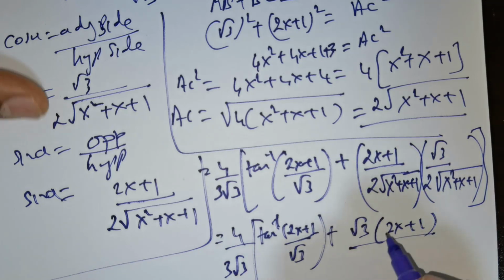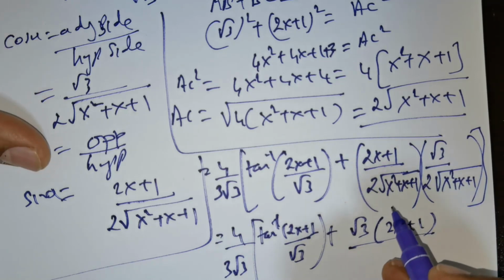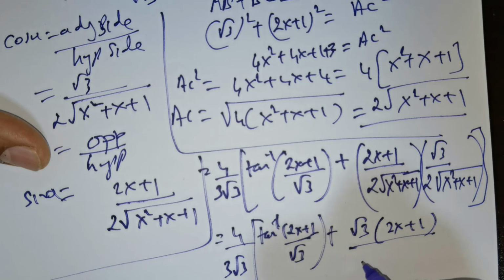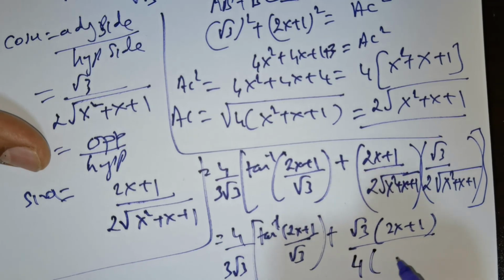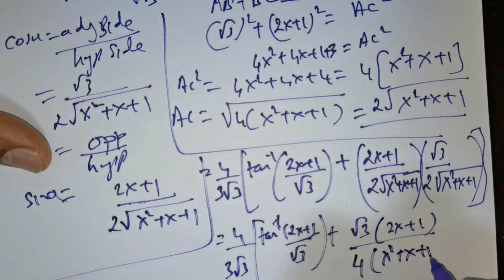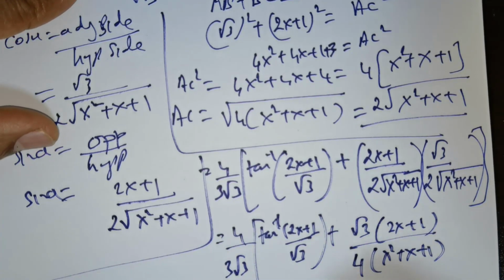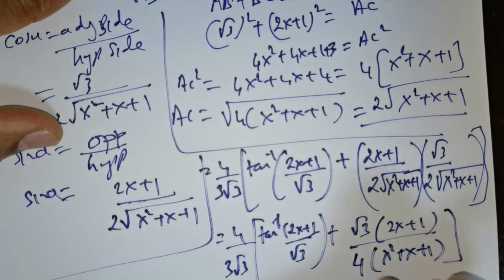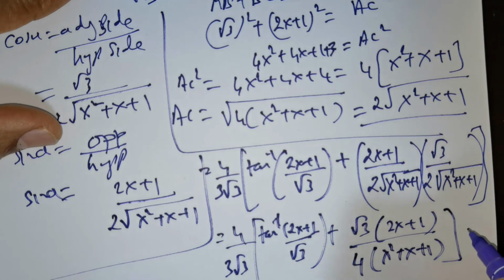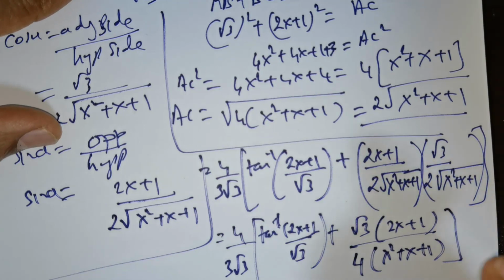So that's going to be 4, right? So 4 times (x squared + x + 1). This is what we've got. Now if I can simplify this, I can rewrite this further. If you want, you can rewrite it, or you can simply leave it as it is, because I was trying to rewrite it as a perfect square, but it doesn't matter.